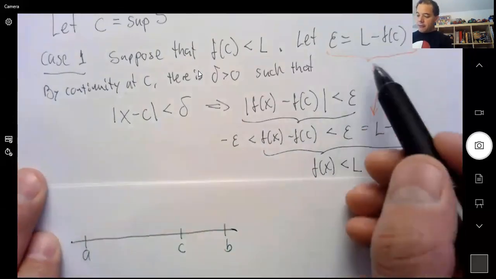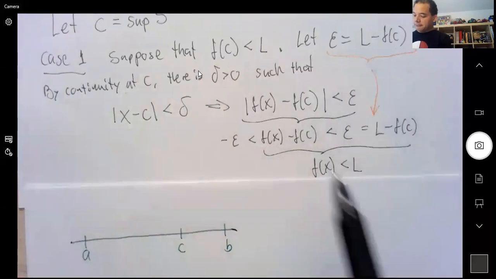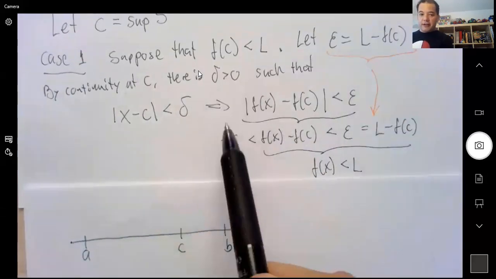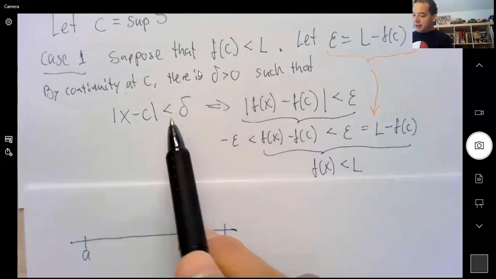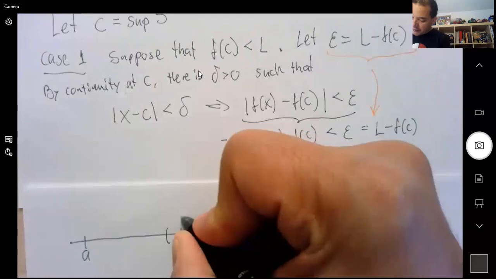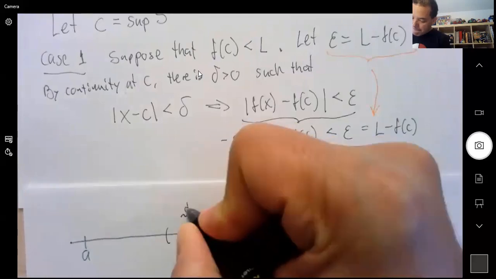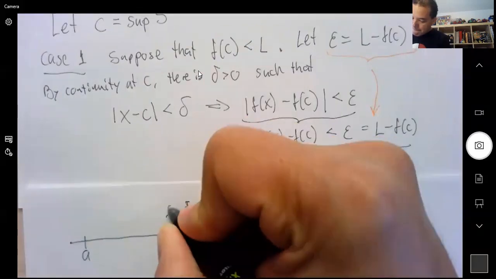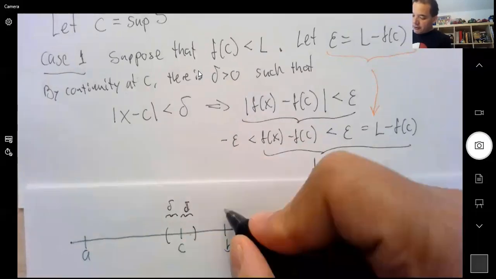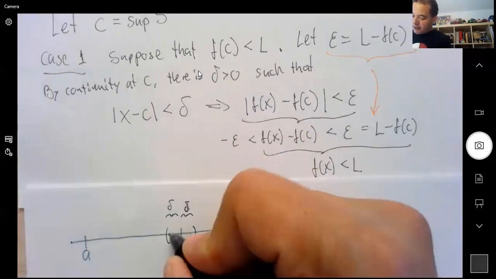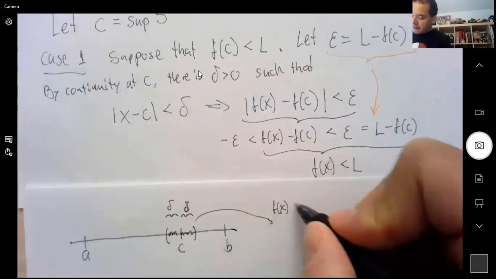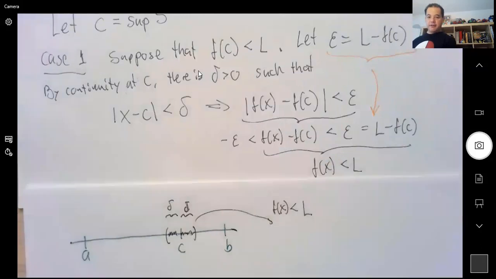We found a delta, and what it says is if you pick numbers within this delta, so if I go delta this way or delta the other way, all these points, when I apply f, give us less than L.